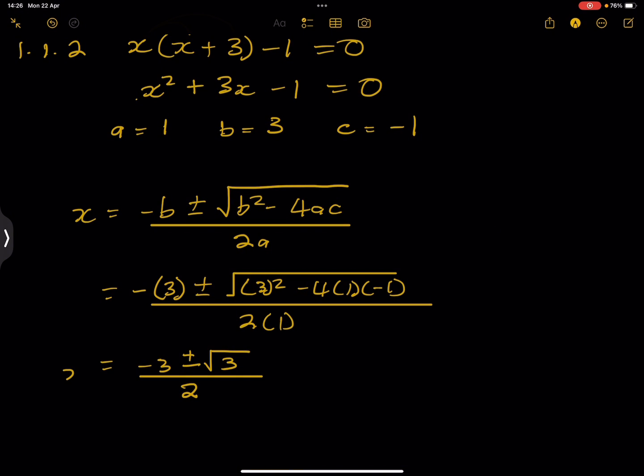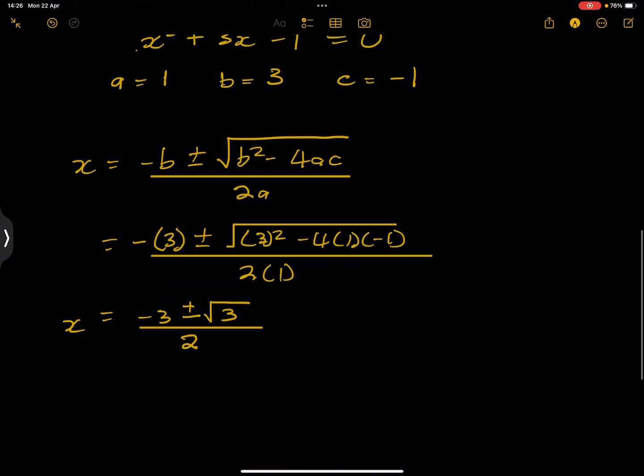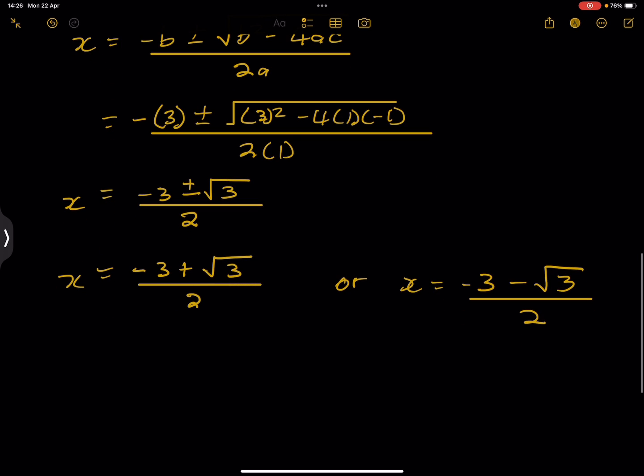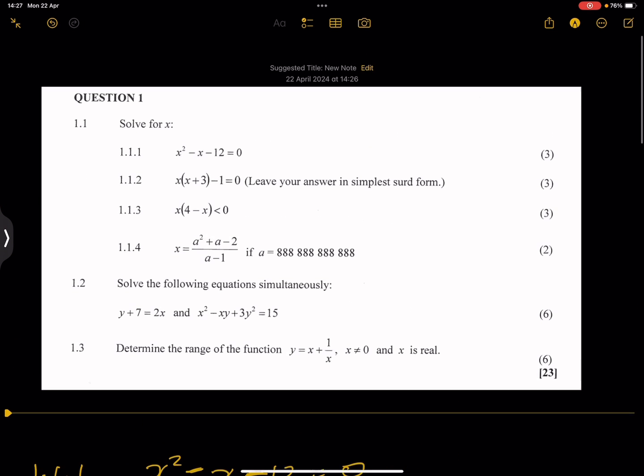This would be the simplest way in which we can put it. If you did want to separate them, x is negative 3 plus root 13 divided by 2, or x is negative 3 minus root 13 divided by 2, and that is your final answer. All right, now let's go on to the next question.